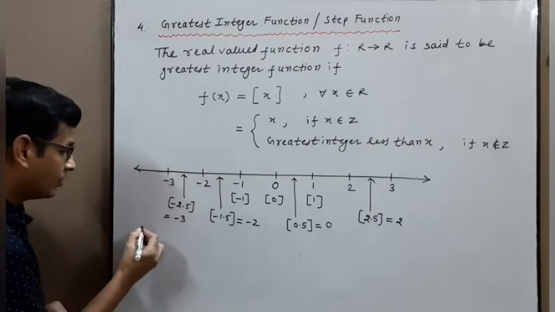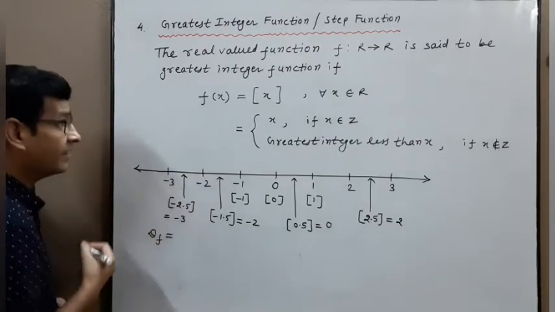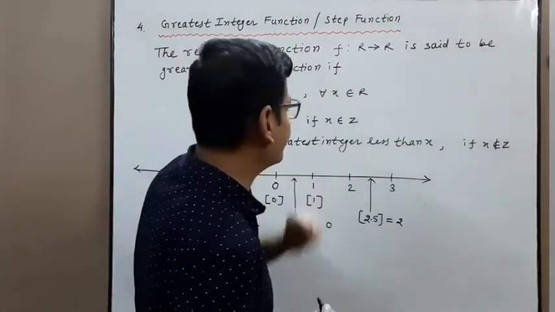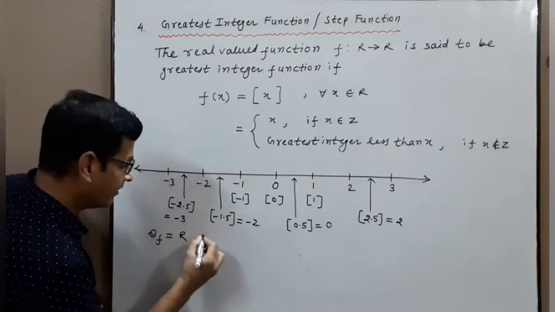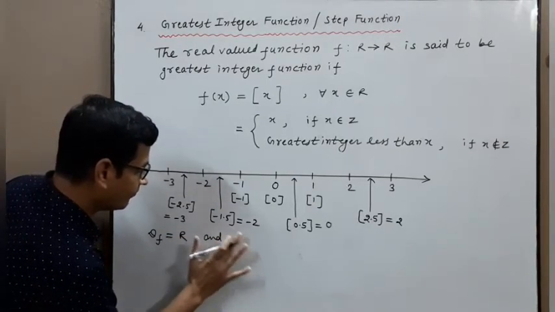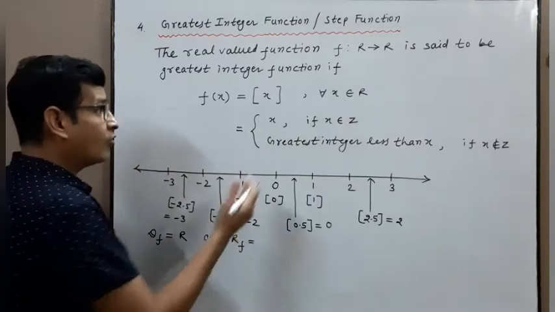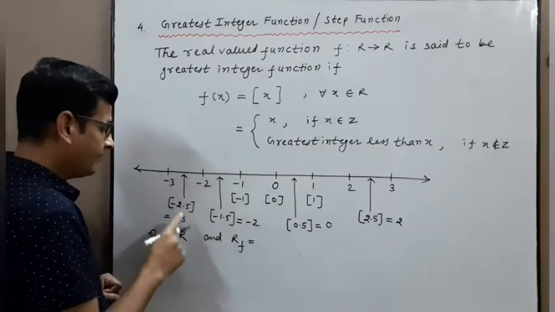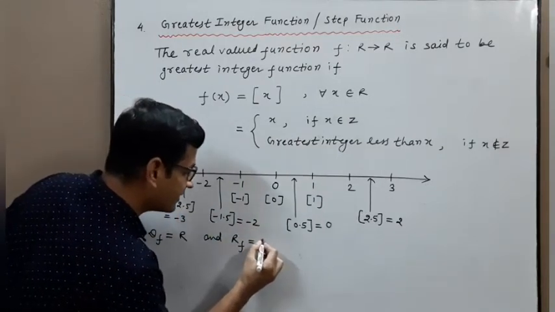Now domain and range. f is a function from R to R, so the domain is the set of real numbers, and the range: the output is an integer. If we take any number inside, then we get an integer. So the range of f is the set of integers.